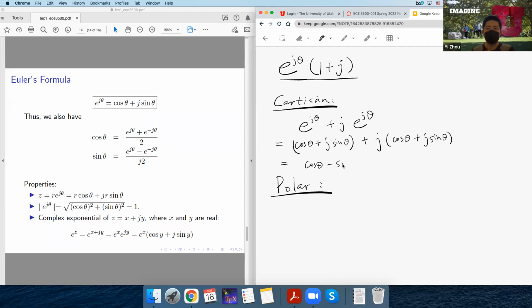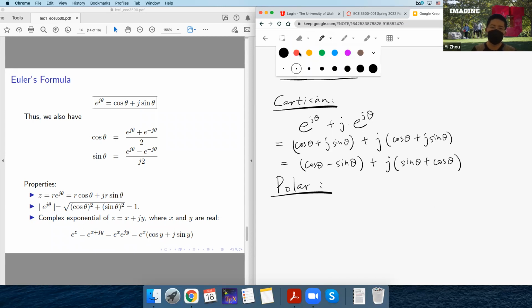So we have this one as the real part, and then the rest of the two terms as the imaginary part. So this is the standard Cartesian form, and these are the real and the imaginary parts.